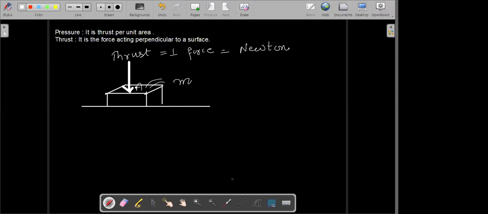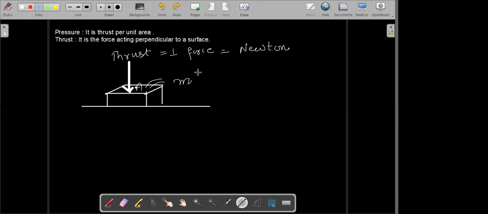Like suppose in the same situation, suppose I take an object which applies a force at an angle. Suppose there is a force that acts over here at a certain angle like this. So now this force will not be called the thrust. That force which is acting perpendicular to the surface, only that part of the force will be called as the thrust.